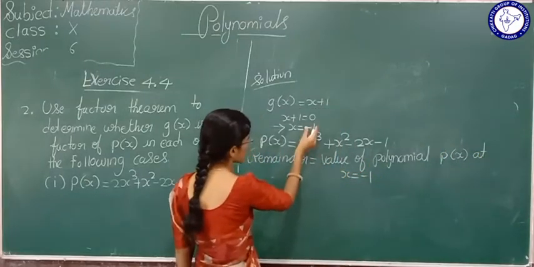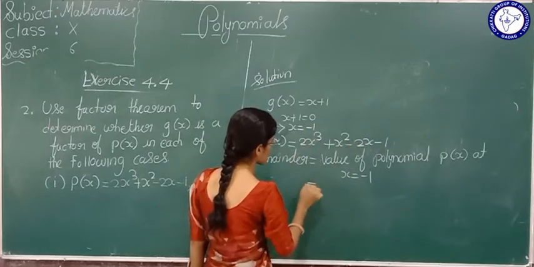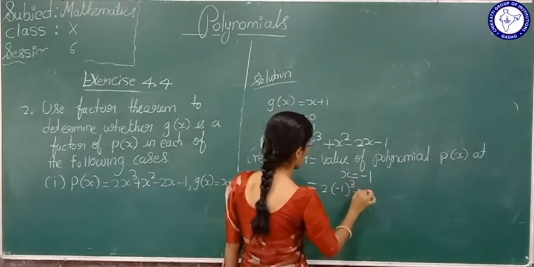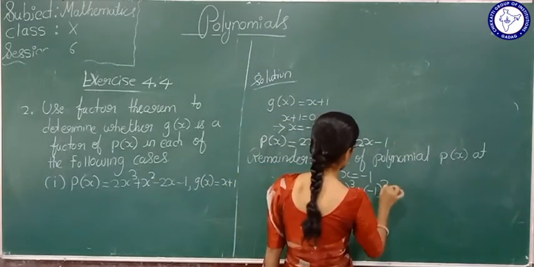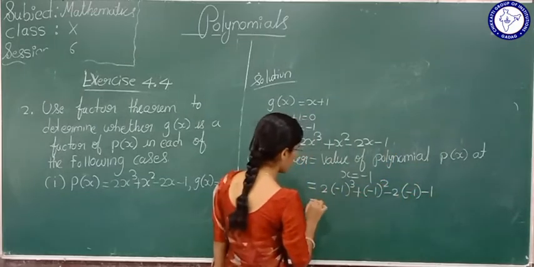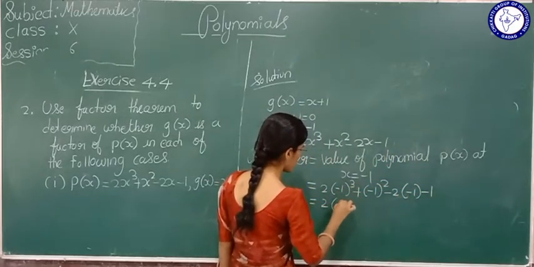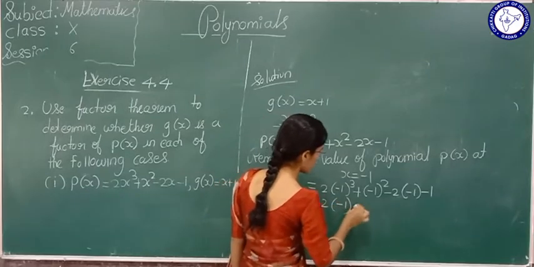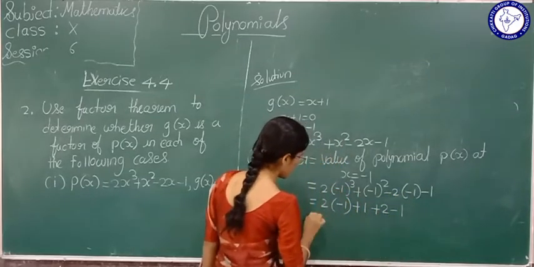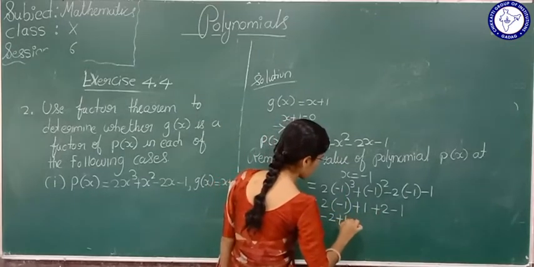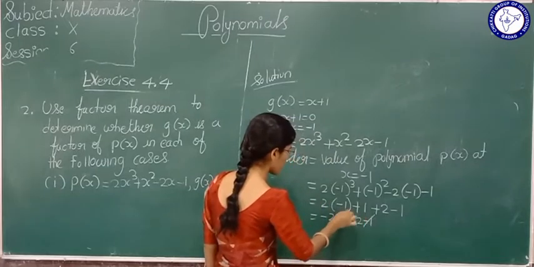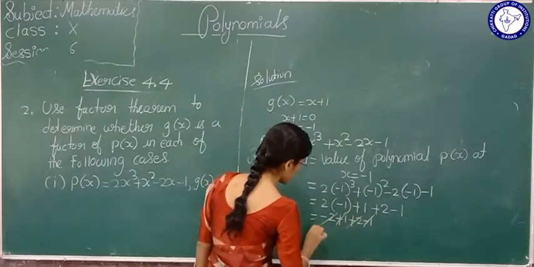So this minus 1 value you put here. 2 of minus 1 the whole cube plus minus 1 the square minus 2 of minus 1 minus 1. It will be minus 2 plus 1 plus 2 minus 1. Minus 1 plus 1 get cancelled, minus 2 plus 2 is 0.